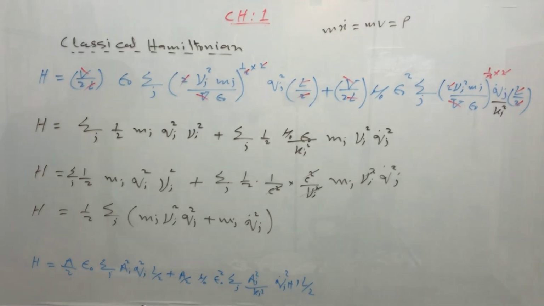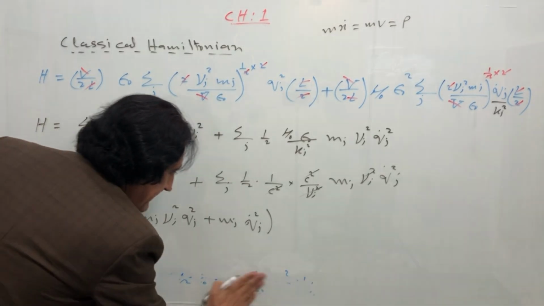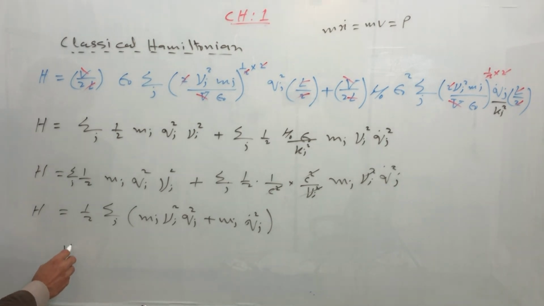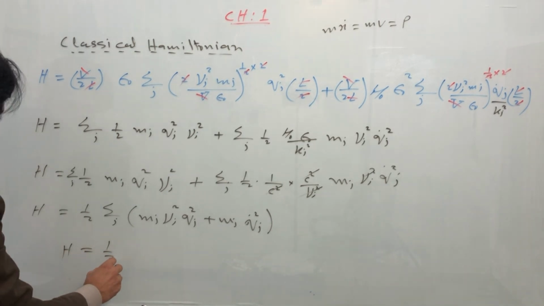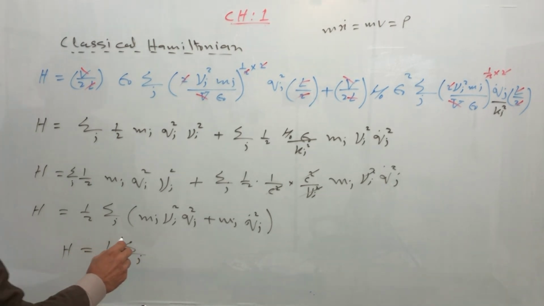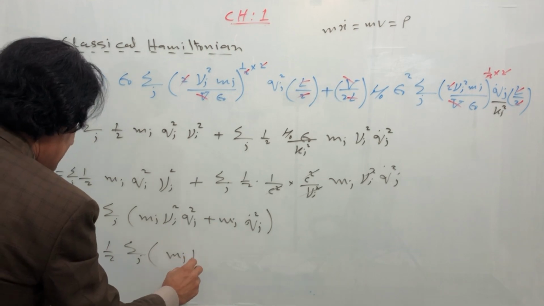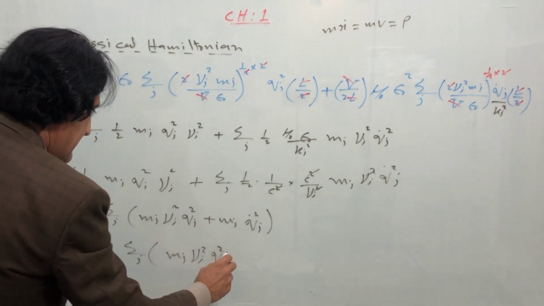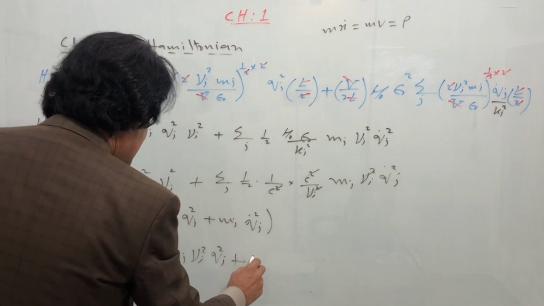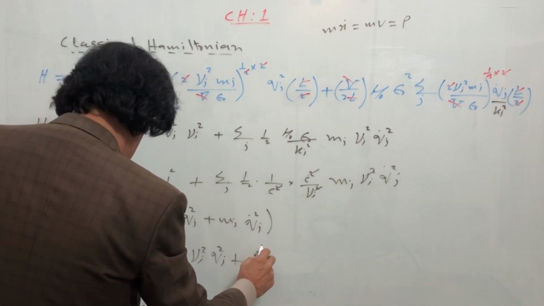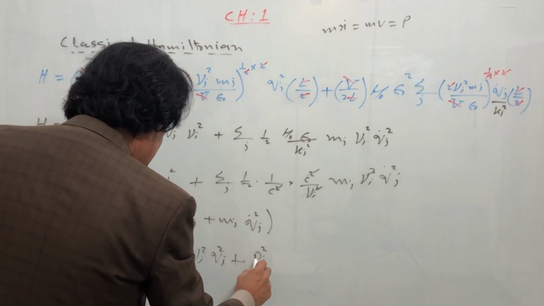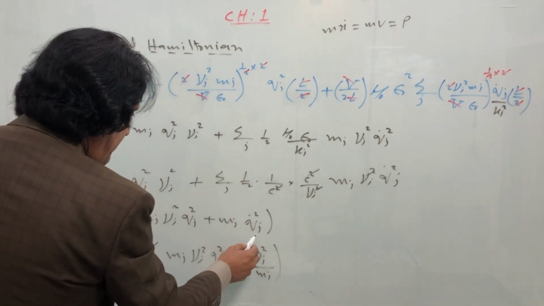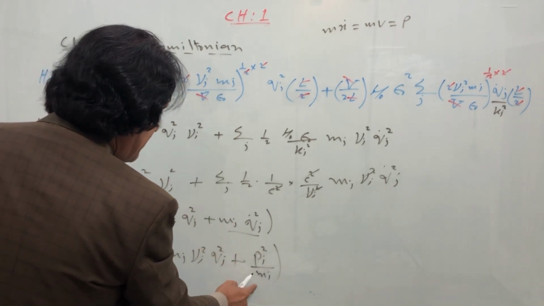Finally, this H is equal to 1 over 2 summation over j of mj nu j square qj square plus pj square divided by mj.